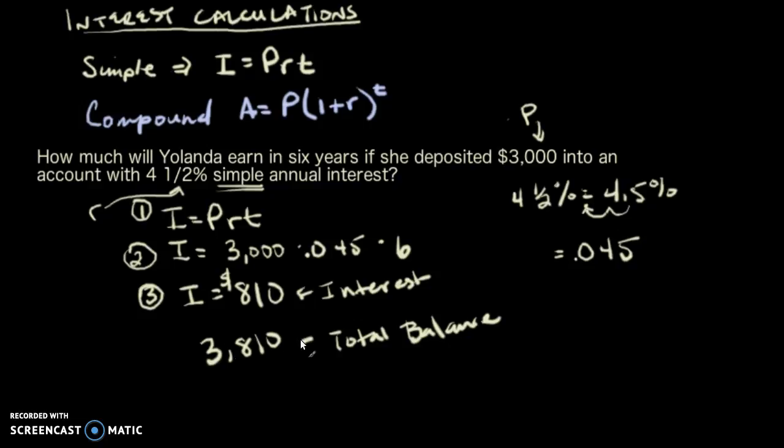So this is what she earned, but this is what her total balance is now. So this is the answer that they asked for in this question, but it's also good to know what the balance is going to be.